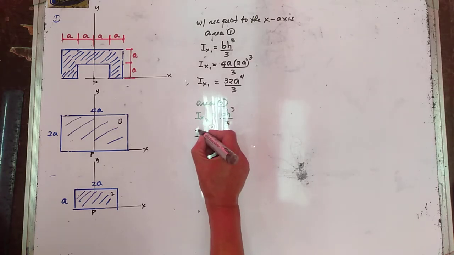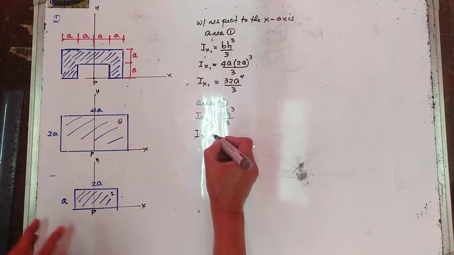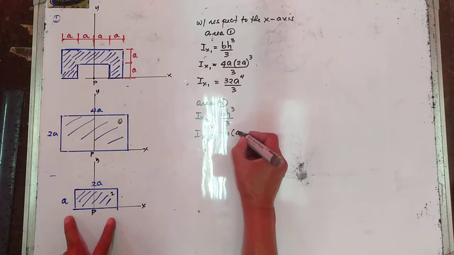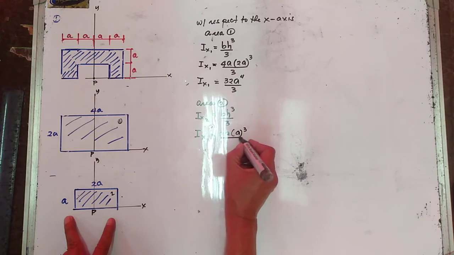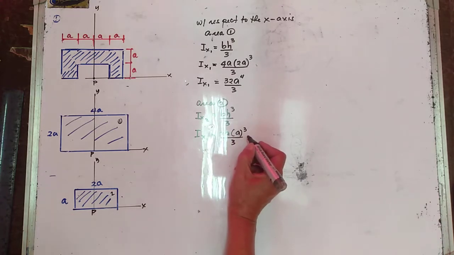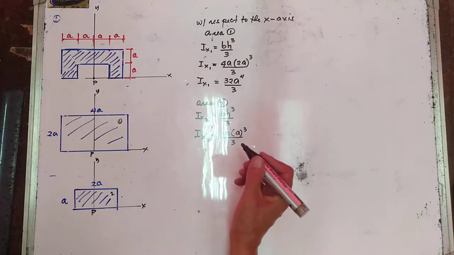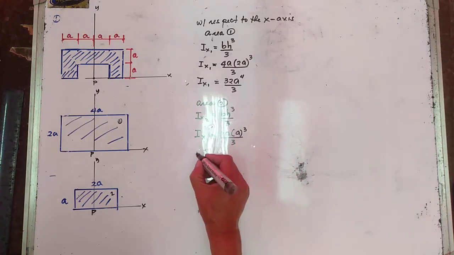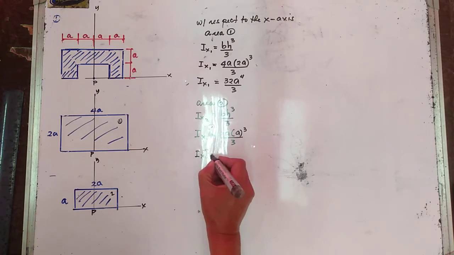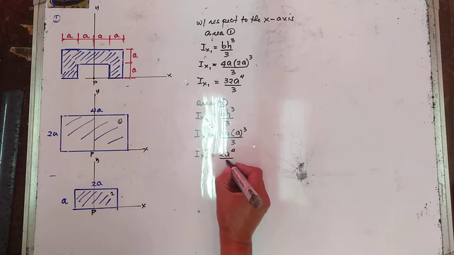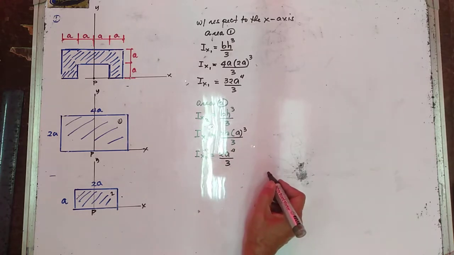So for Ix2, your B in here is 2A, and then we have A cubed all over 3. Hence, this is equal to 2A raised to the fourth all over 3.